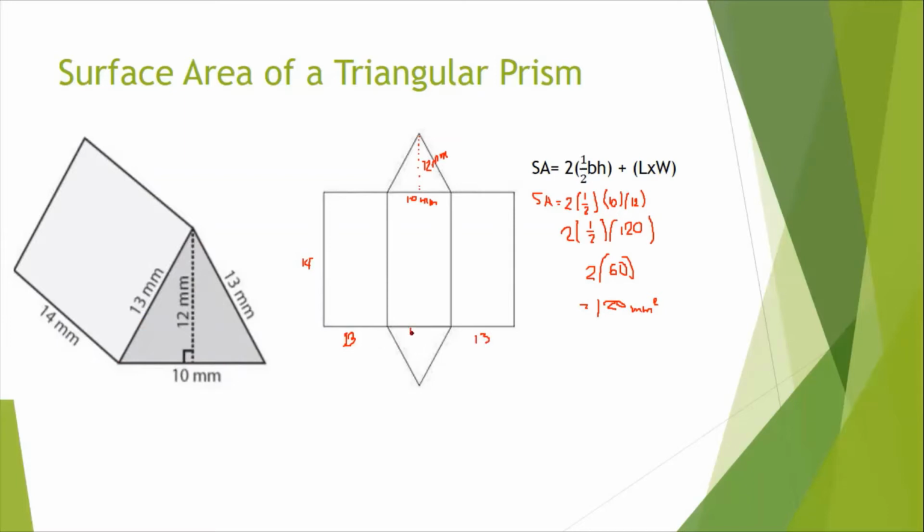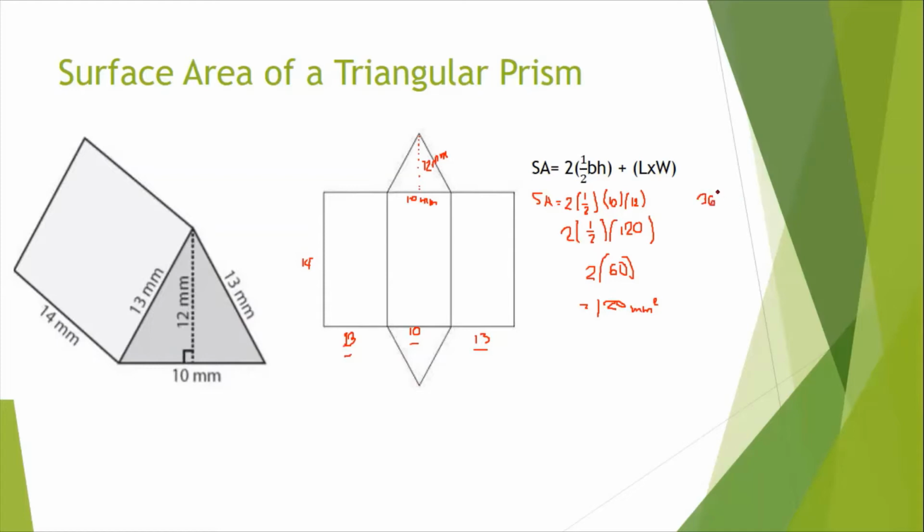To find the area of this rectangle, first we add 13 plus 10 plus 13 to find its length. 13 plus 13 is 26, and 26 plus 10 is 36. So we have 36, which is our length.